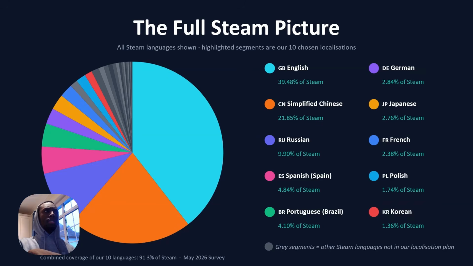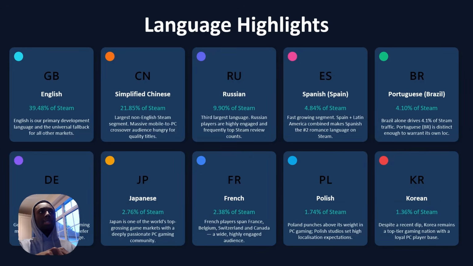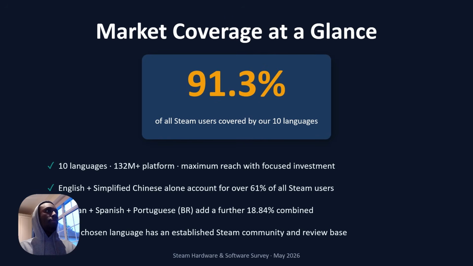So using this data, I then basically got the top 10 languages. Those were English, simplified Chinese, Russian. You can see all of them here. And I decided I would localize my game into this. And by strategically targeting these 10 languages, I have covered 91.3% of Steam's audience.